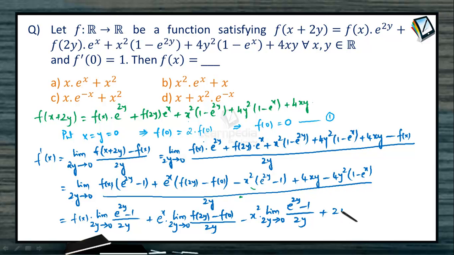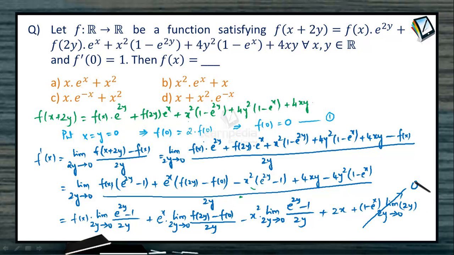The rest is only 2x, which is independent of the limit in y. Therefore, it's a constant. Then again, 4y² into (1 − e^x) by 2y would make it (1 − e^x) into the limit as 2y tends to 0 of 2y.